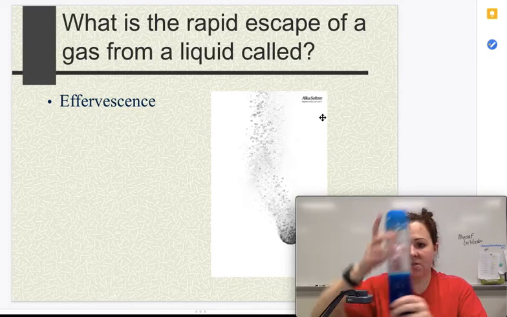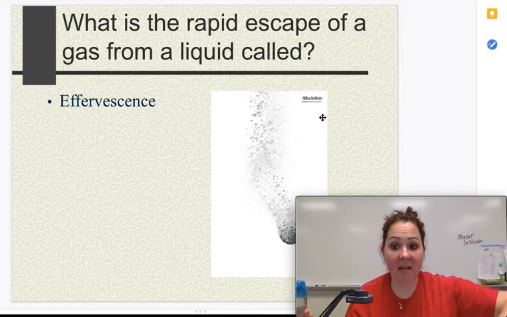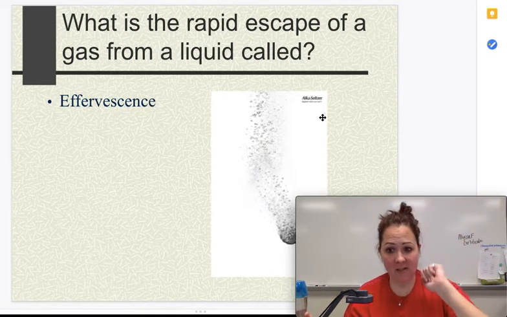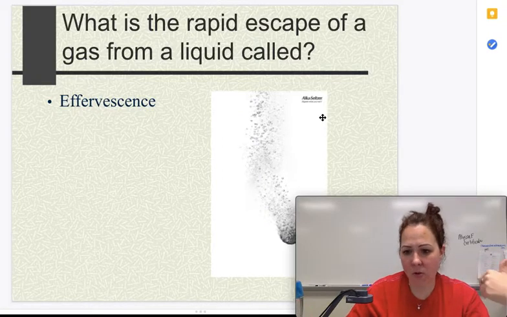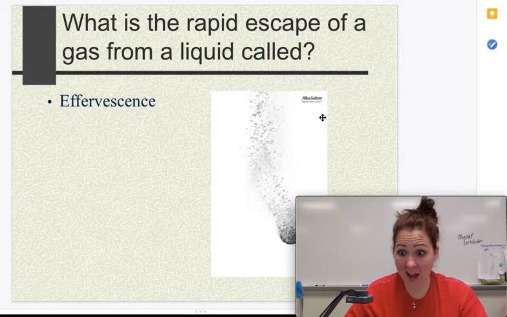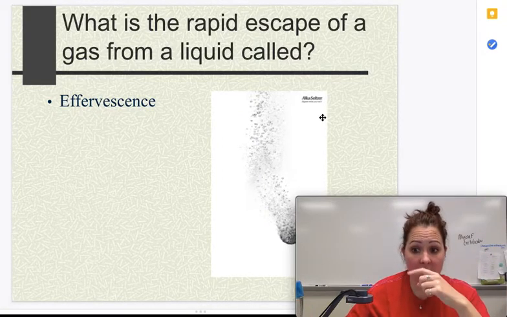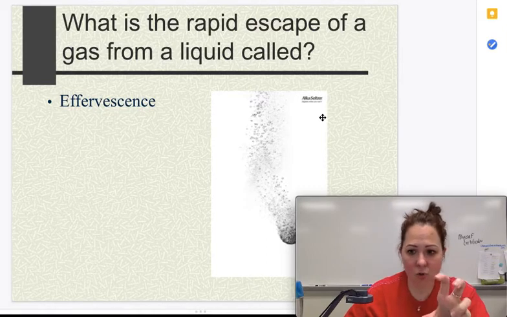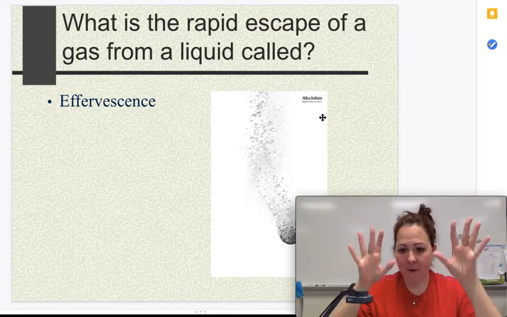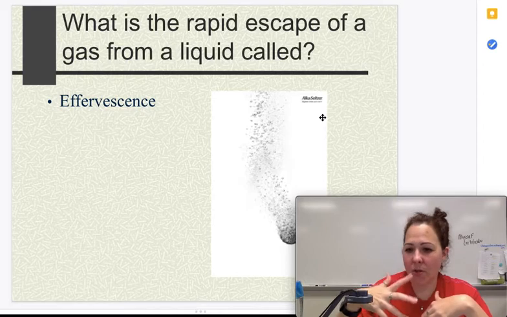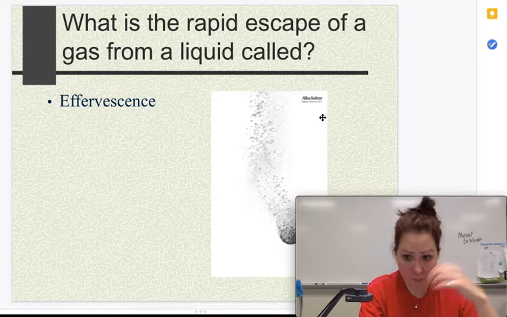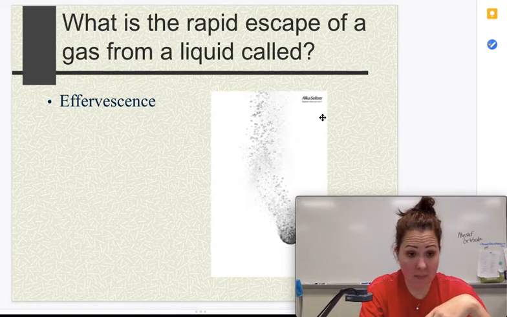When you open the soda, that releases the pressure, and then the gas effervesces back out. So that's why a soda eventually goes flat, because the gas that's trapped inside of the liquid all effervesces out. So it's just a word that you hear kind of frequently, and I just want to make sure that you know what that means.